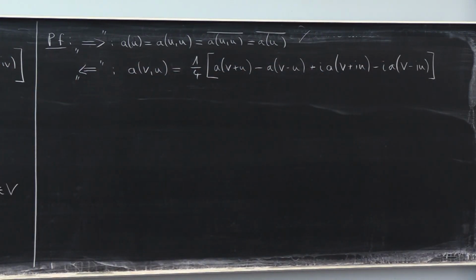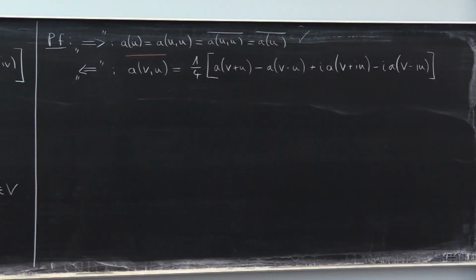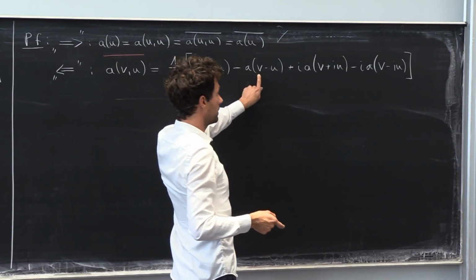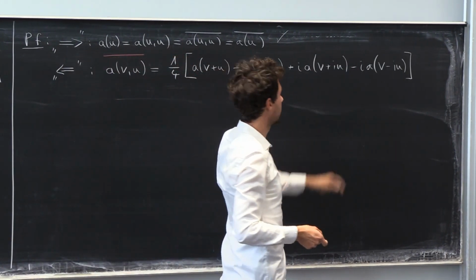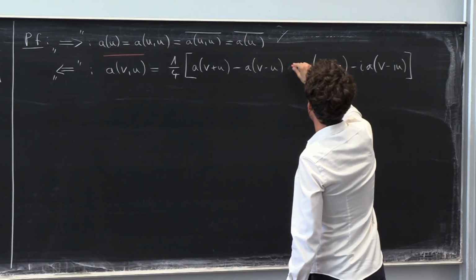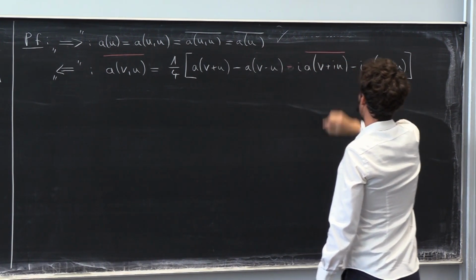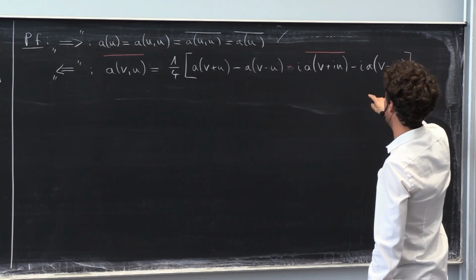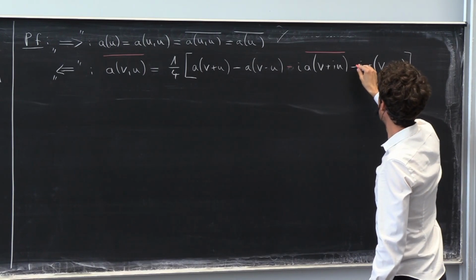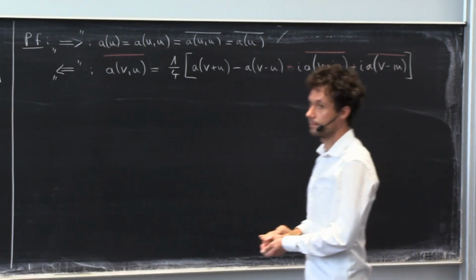Now I want to check that the form is symmetric, so I should look at the conjugate of this. And by assumption, the quadratic form only takes real values. In other words, this is real, and if I want to take the complex conjugate, I just have to switch the minus sign here and take a complex conjugate here, and then I have to put a plus sign here and take a complex conjugate here.